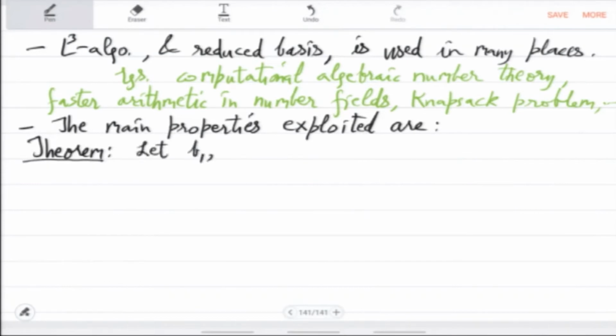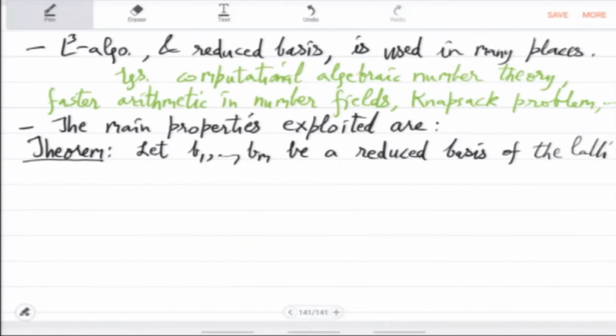So, let B1 to Bm be a reduced basis of the lattice L, which is in the ambient space, let us say Z to the n, and B1 star to Bm star be the GSO.